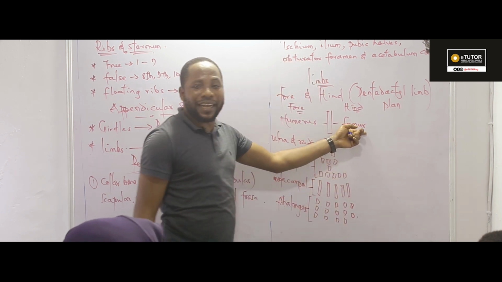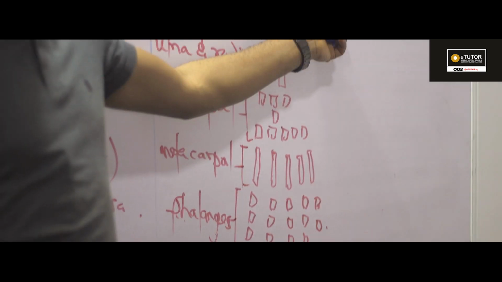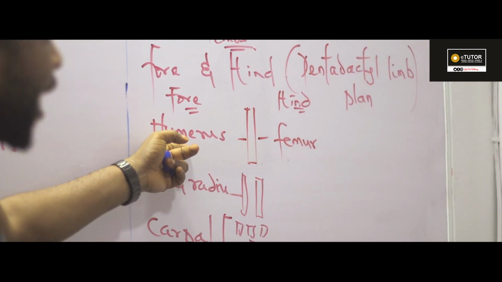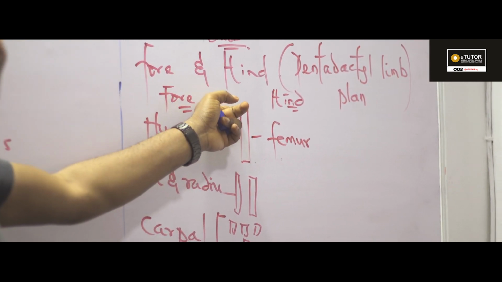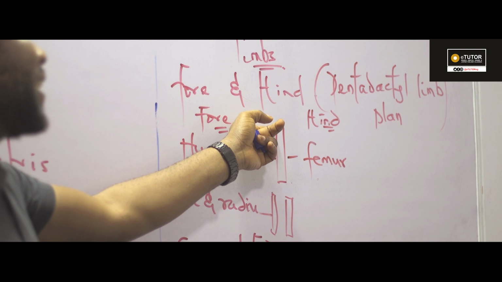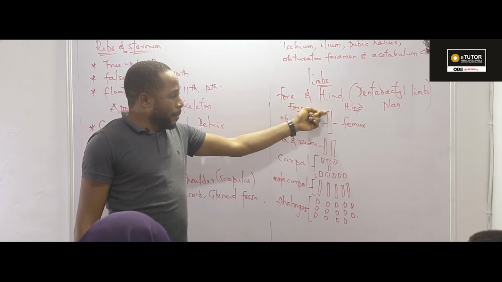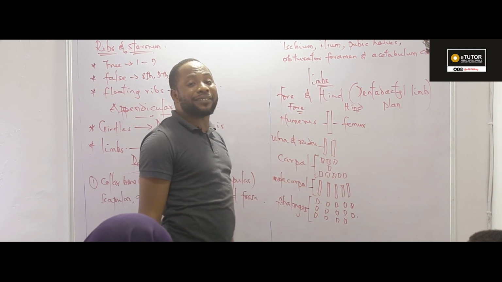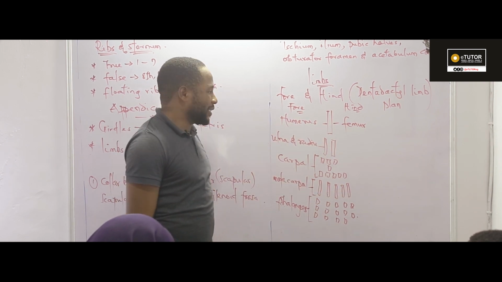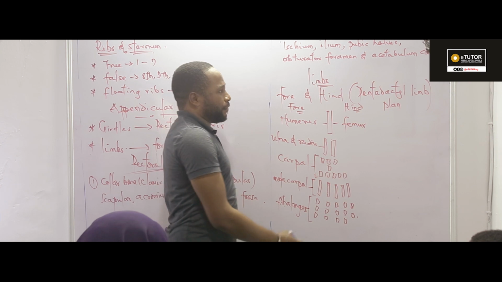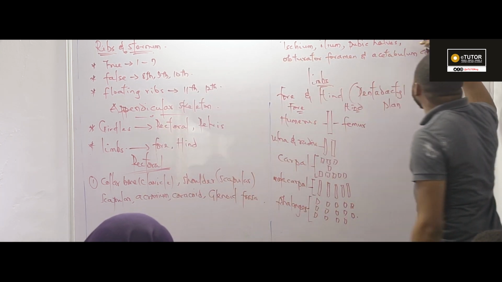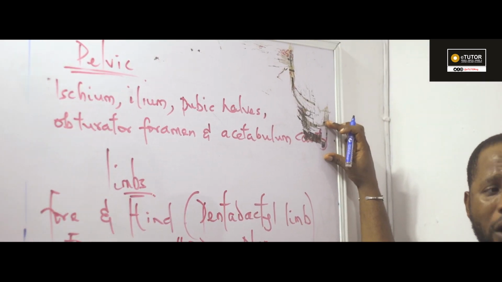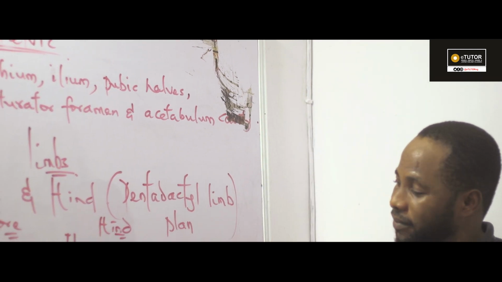Note, this is the longest bone in the body. Unlike the humerus, which has tuberosity at the proximal end, the femur has trochanter at the proximal end. The head fits into the acetabulum cavity to form a ball and socket joint.